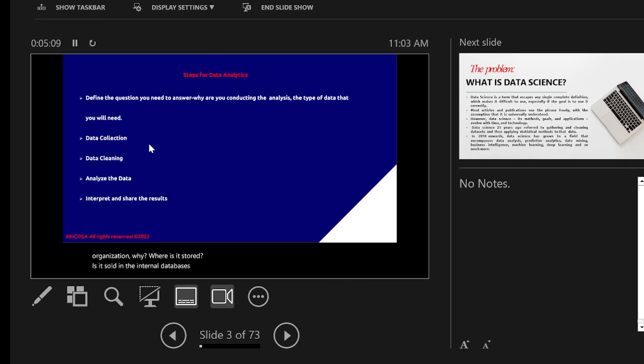Or, if it is not available, do I need to go to the field to administer questionnaires, or to the internet to mine data that are available, because nowadays we have a lot of information? That is what I mean by data collection. It doesn't mean that you go to the field. You look at whether this data is available in the organization. Then after that, we have what we call data cleaning.